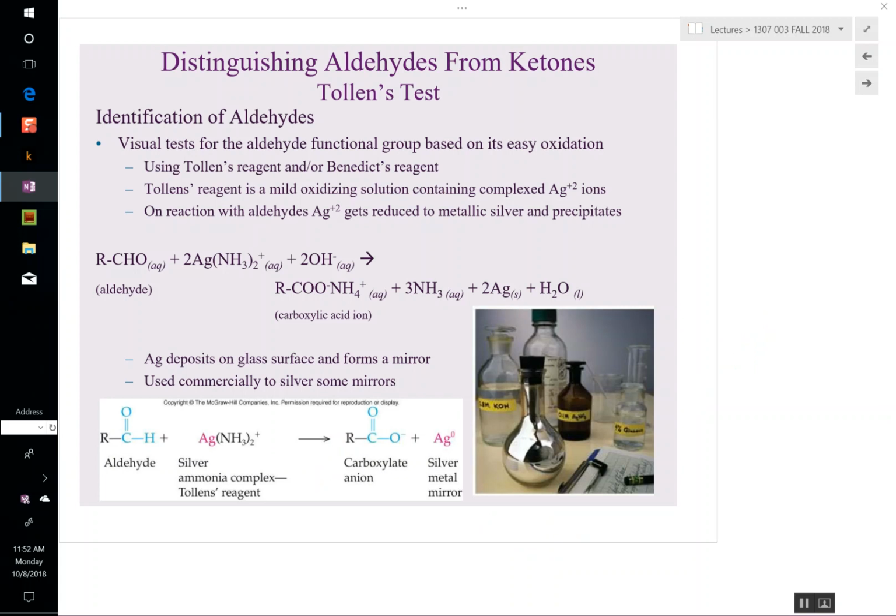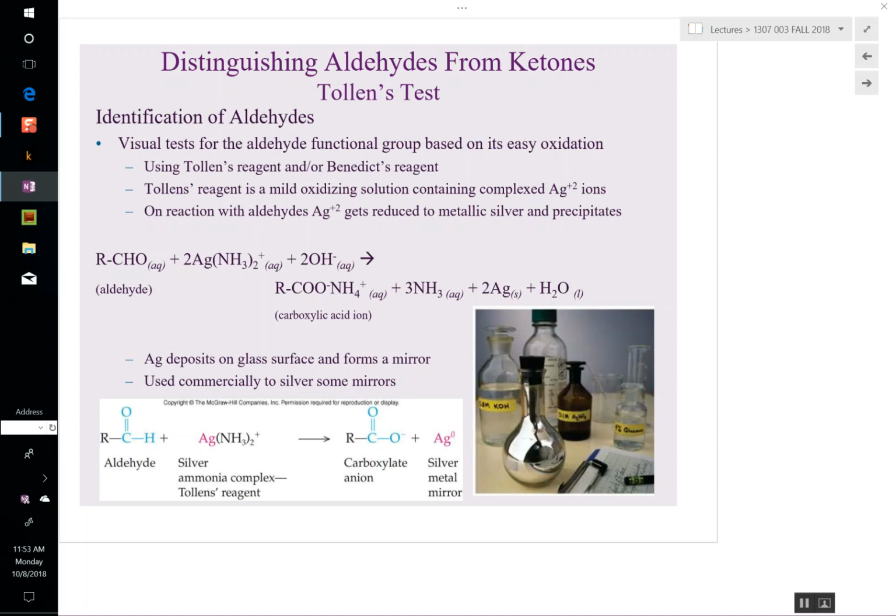Okay, this looks like a complicated reaction. This is one in the 1107 lab you will come across. We will try to do this reaction. A Tollens test is a test designed to distinguish between an aldehyde and a ketone.